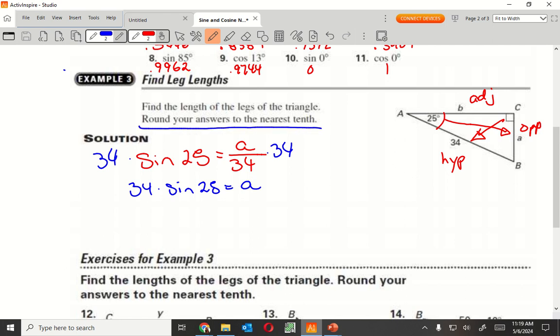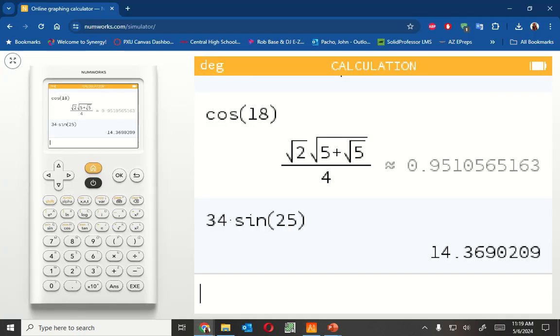Round your answer to the nearest tenth. So that's going to be 14.4, because this is the tenth right here. Tenth means one decimal place. So that 6 is going to make that one become a 4. So little a is 14.4.